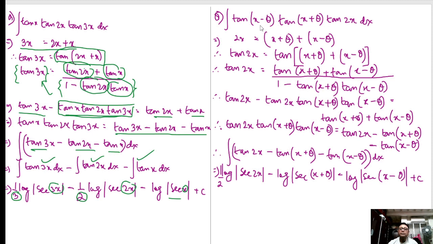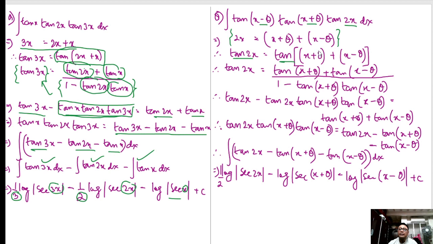Similarly, integration of tan x minus theta, tan x plus theta, and tan 2x. So what we can write is 2x as x plus theta plus x minus theta, taking tan on both sides.